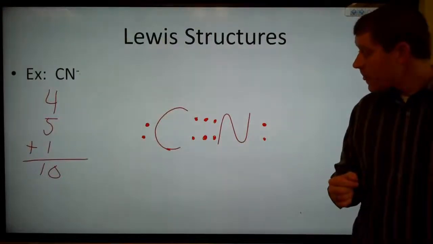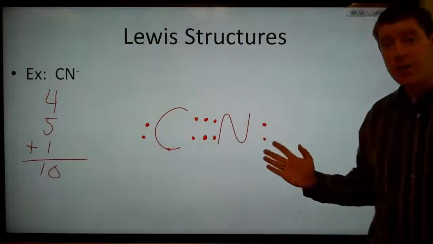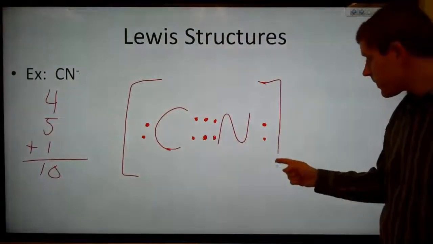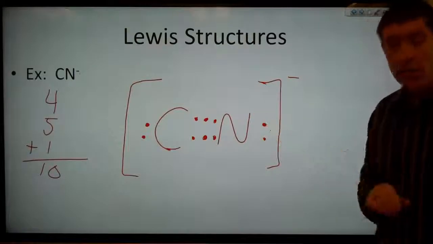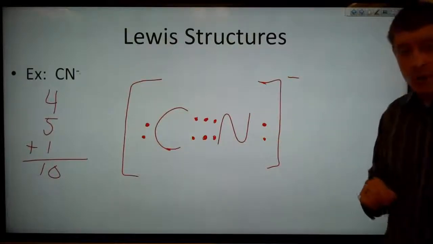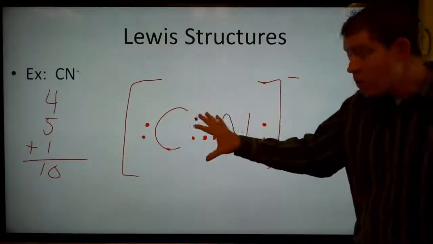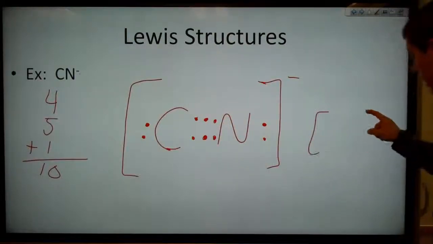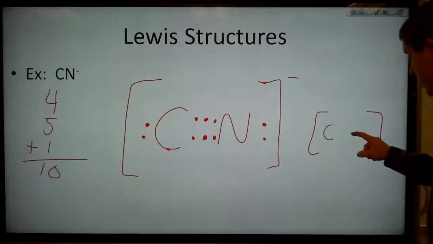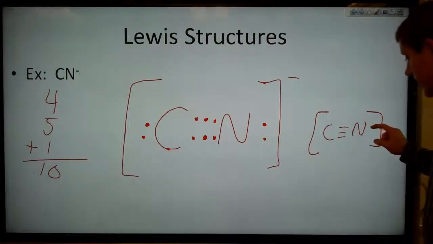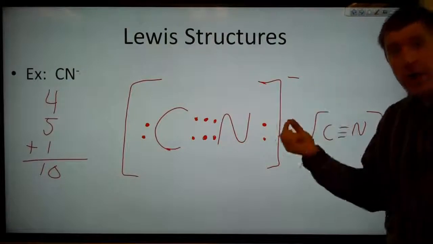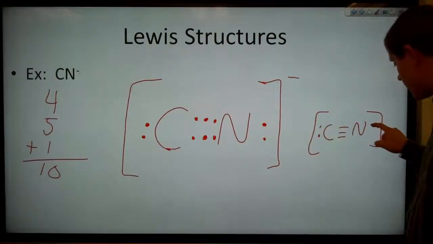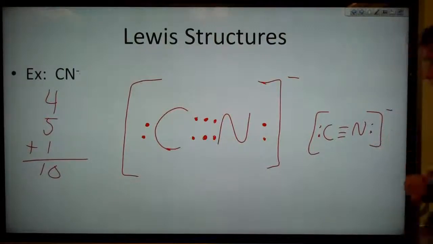But this doesn't show that there's a negative charge. So overall, we need to draw some brackets around the whole thing and show that on the whole polyatomic ion, there's a charge of -1. So another way that we could represent this would be, again, drawing our brackets, have our carbon and nitrogen, and draw 3 lines, 1 line for each pair of electrons, and then add in our valence electrons and our charge.